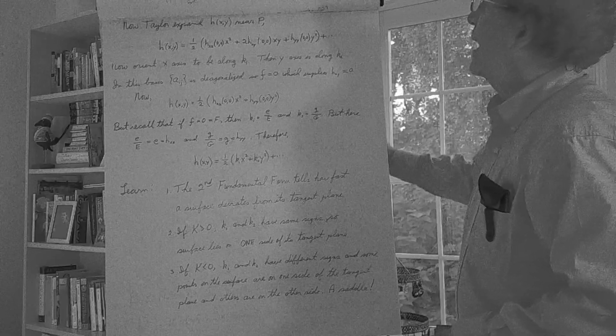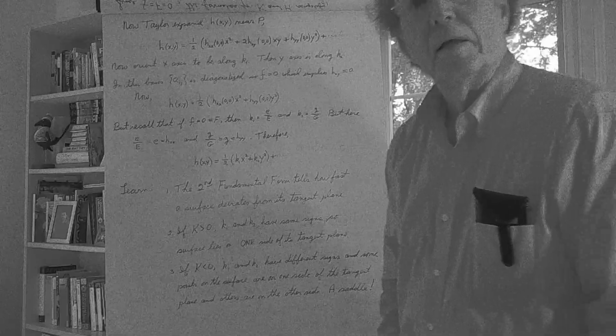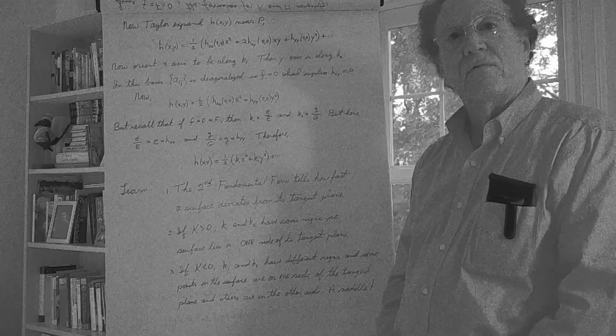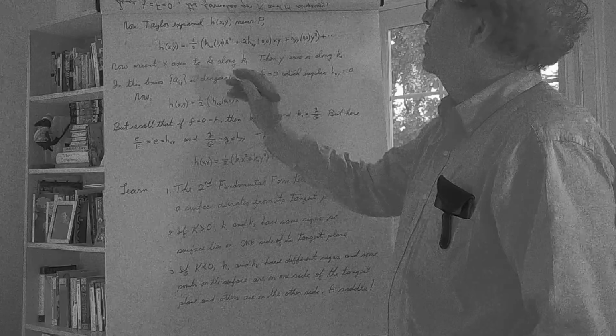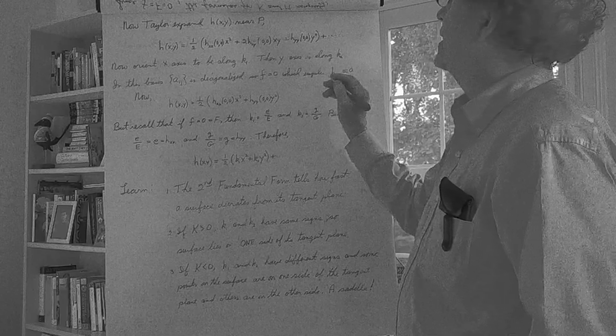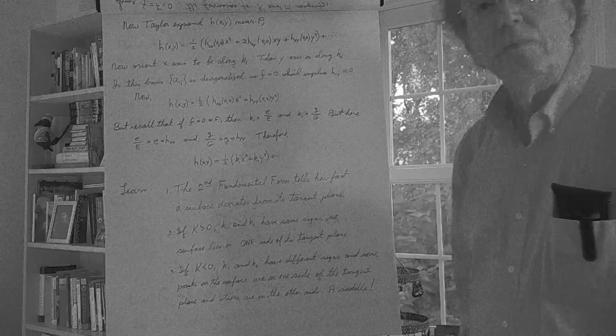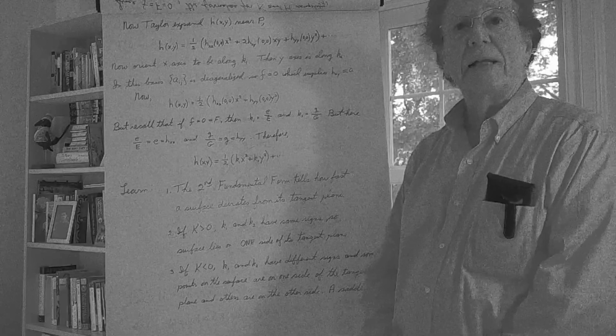And then I can, for example, compute the difference of the height from the tangent plane. In other words, I'll Taylor expand h of x and y near P. So h of x y, well, that'll be the leading term, which is h of 0, 0, that's 0.